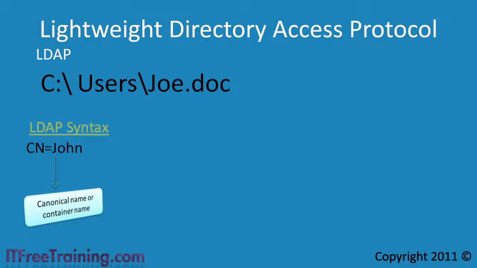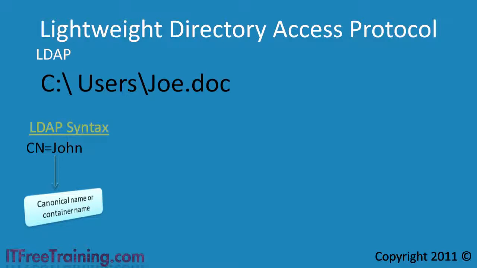As you can imagine, there could be more than one object in the database called John, so we need to tell LDAP where this object is located. This is where LDAP syntax may confuse some people, because it is in the reverse order to, say, a file name and path on the hard disk.